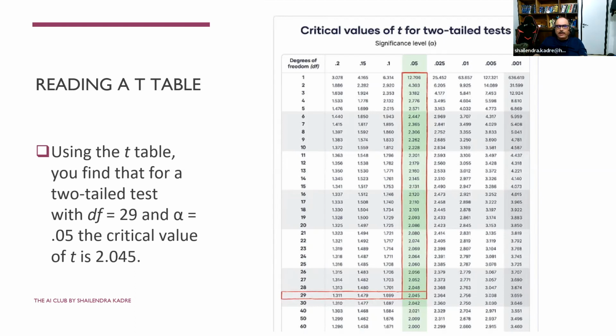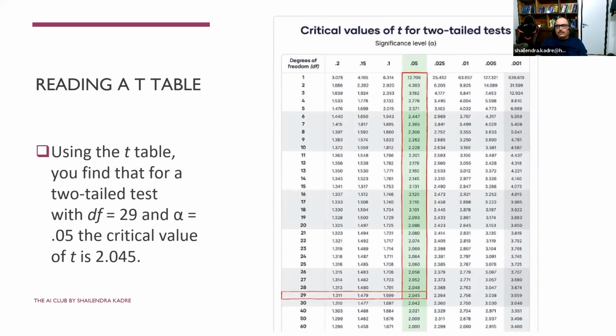How is it read? The degrees of freedom is 29 here. You see this row, 29, and the significance level is 0.05. So my T statistic value is 2.045. If you remember these three or four things about the T distribution, for now it is enough. The rest of the questions will be answered in your hypothesis testing lecture.